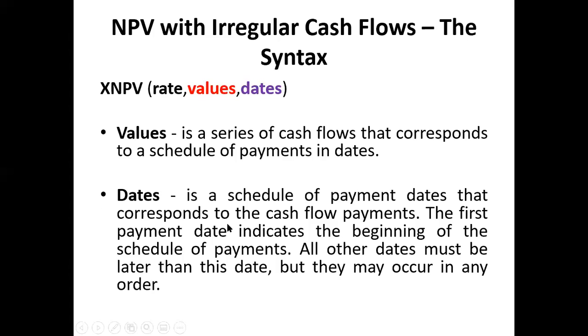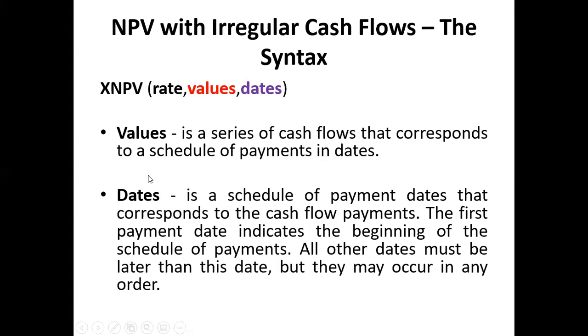So here, you have to select the relevant function. We call it XNPV. So it is not NPV, but XNPV. There also you have to give the rate, and then you need to identify all the cash flows. All the cash flows, and we call it the values.